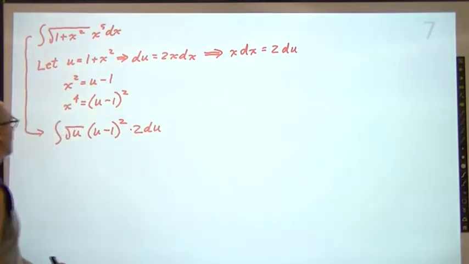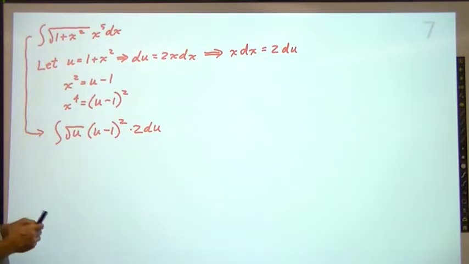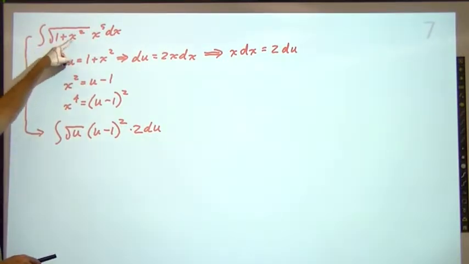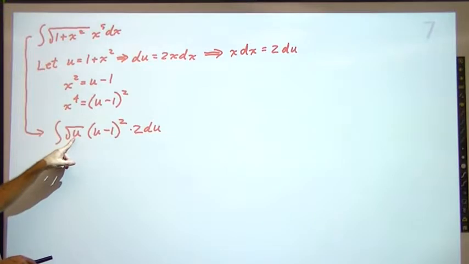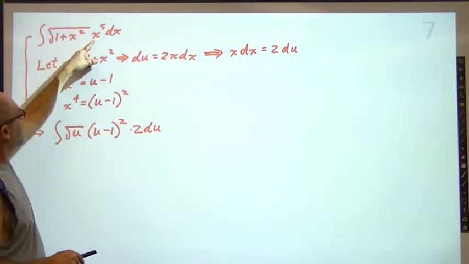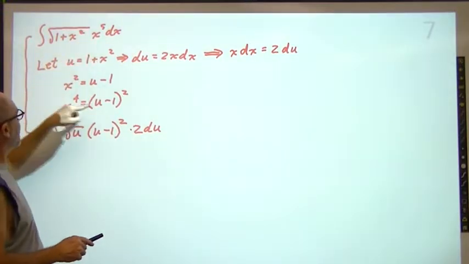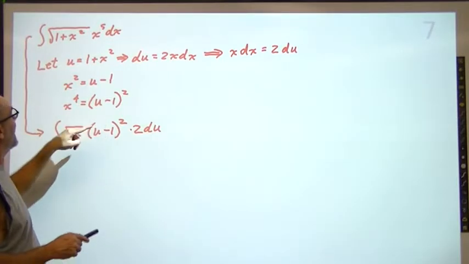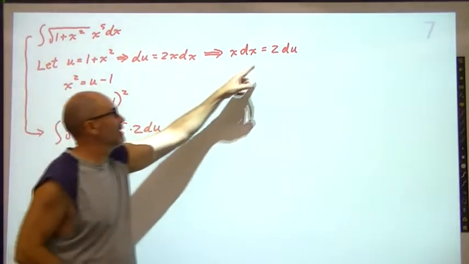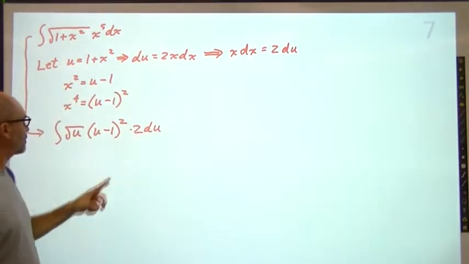Let's look at it again real quick. We've got square root of 1 plus x squared, which is square root of u. Now, the x to the fifth is x to the fourth times x dx, which is 2 du.